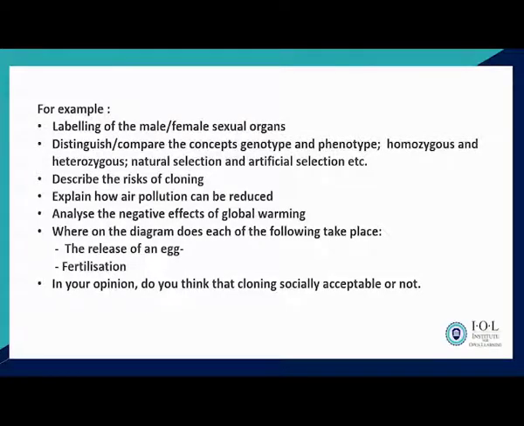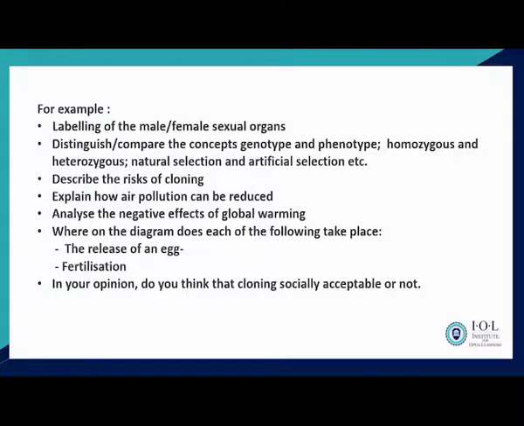So the important emphasis here is on the type of questions that you can be asked in the exam, where you need to focus on the issues around pollution, whether it is air pollution or water pollution or chemical pollution. Analyze the negative effects of global warming, for example.